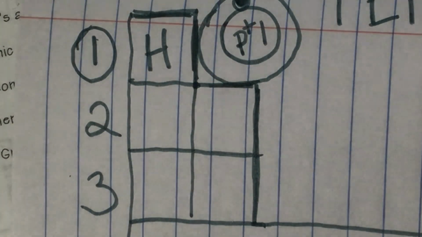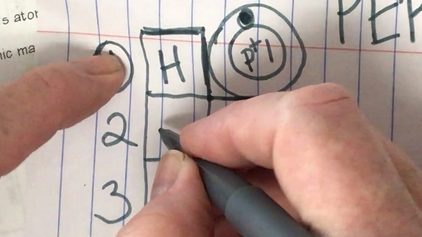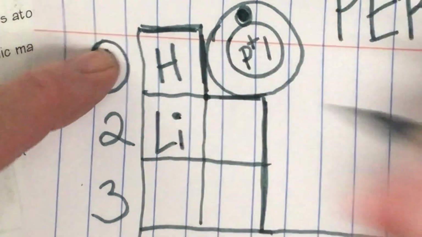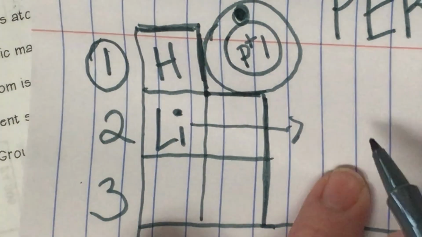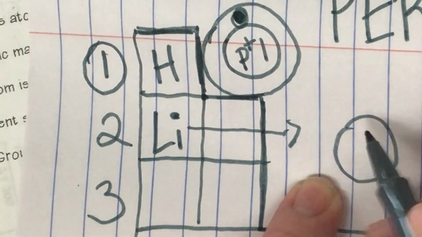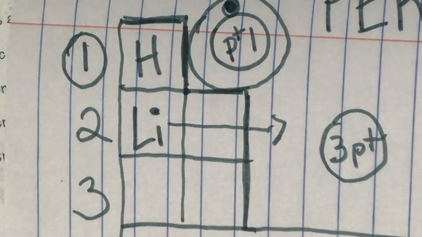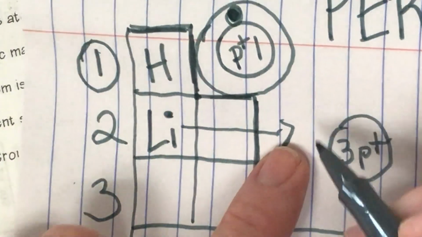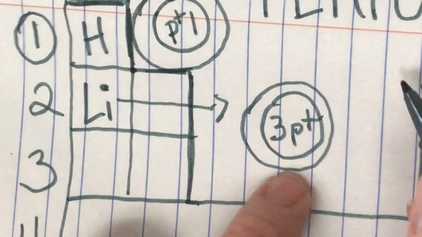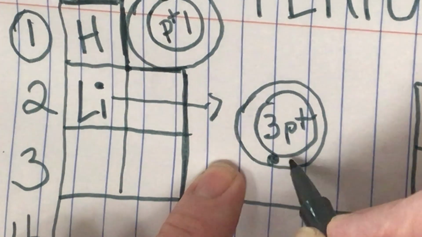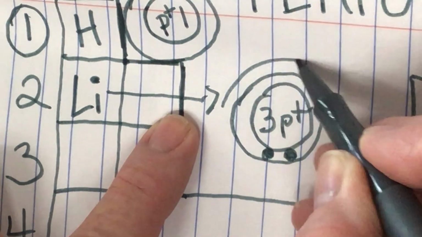All right, under hydrogen is the element lithium. All right, let's come over here to lithium. Lithium has 3 protons. It's 3 positives. How many negatives do we need? 3. Okay, how many will fit on the first energy level? 2. So we're going to draw 2. We can't squeeze a third one in, so we're going to have to make another energy level.